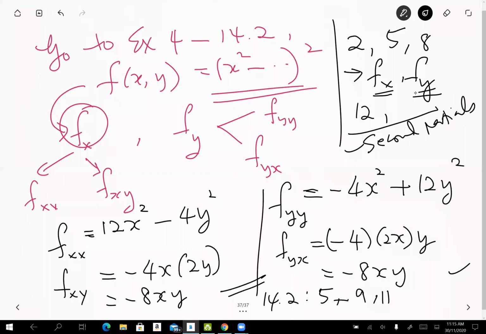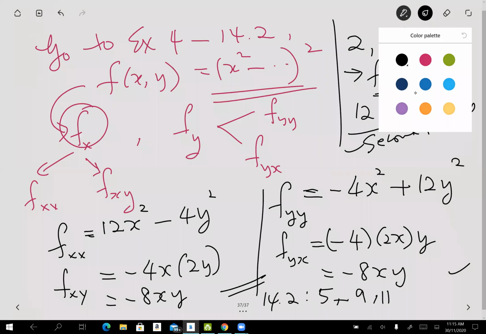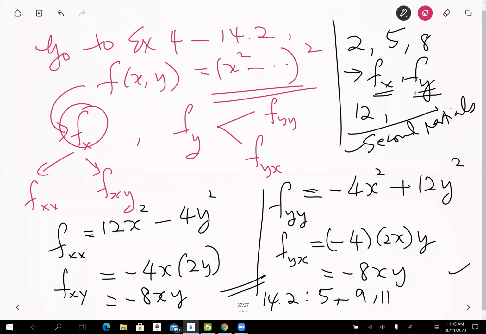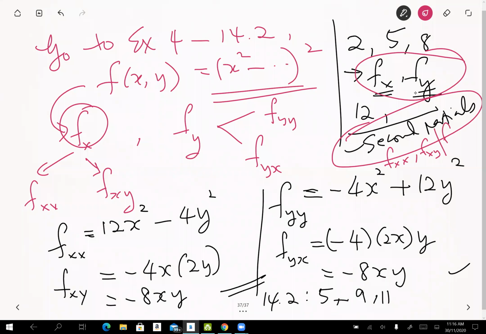Again here, you do the question as what we were doing for 14.1. Fx, Fy, and then all the second partials. In other words, Fx, Fy, Fxx, Fxy, Fyy, Fyx. So in total, there are 6. So just for your practice, do these things, 14.1, 14.2.